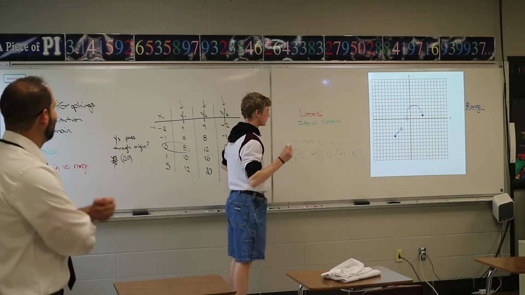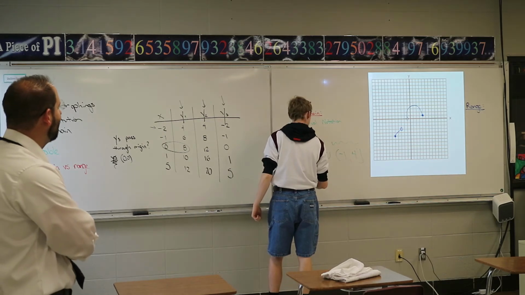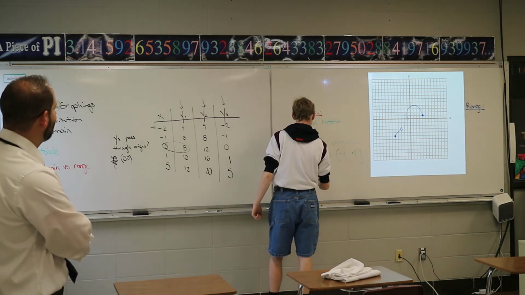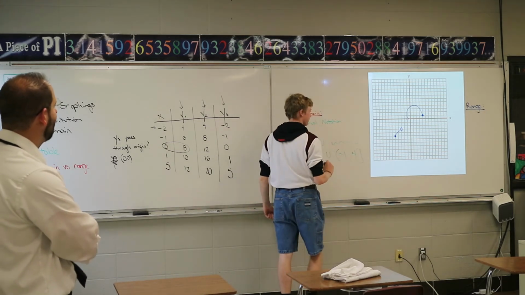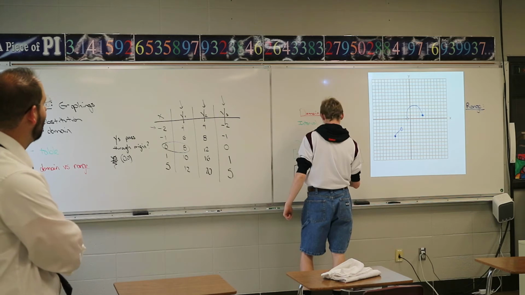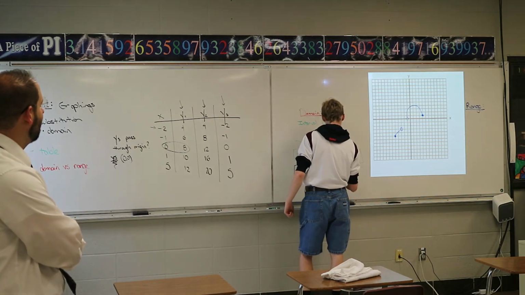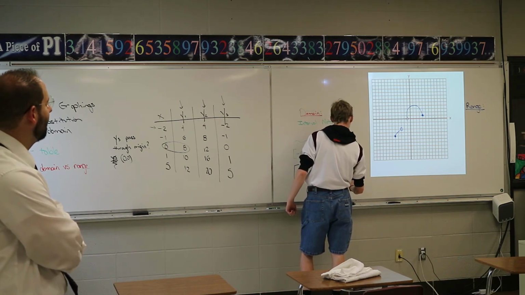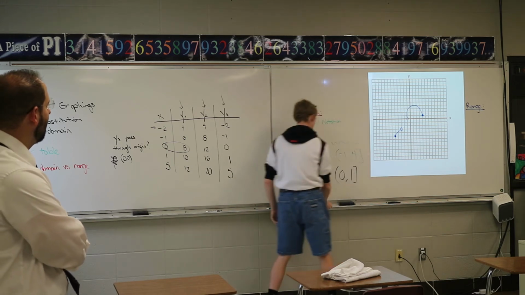So, we start off with -5, -3, parentheses, union. No. 0, 1. Okay.